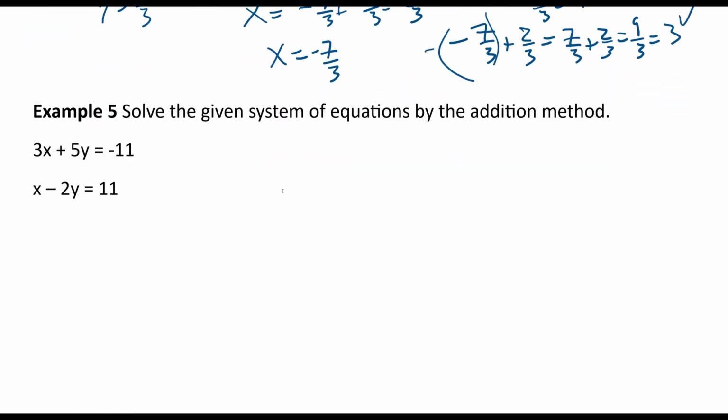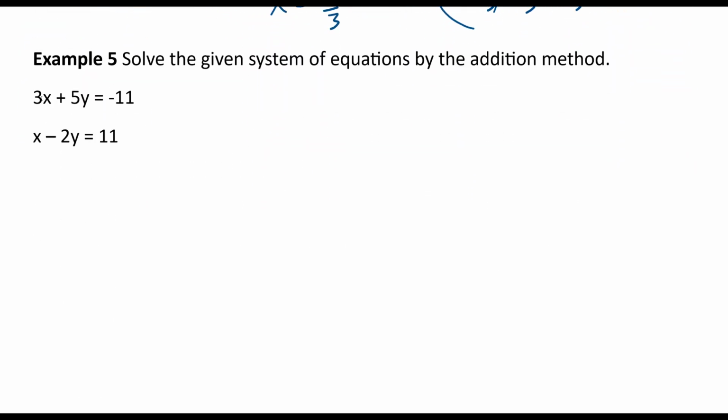Now, sometimes we're going to have something like example 5, where it's 3x plus 5y equals -11, and x minus 2y is positive 11. None of the variables line up, so what I would suggest is we take the second one and multiply it by -3. So we have 3x plus 5y equals -11, and -3x plus 6y equals 11 times -3, which is -33.